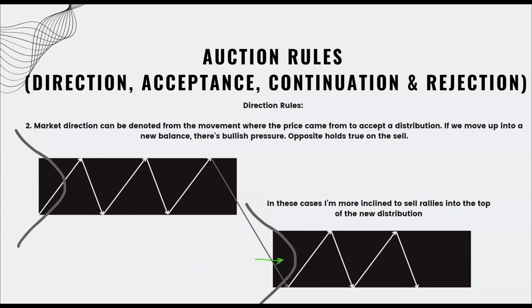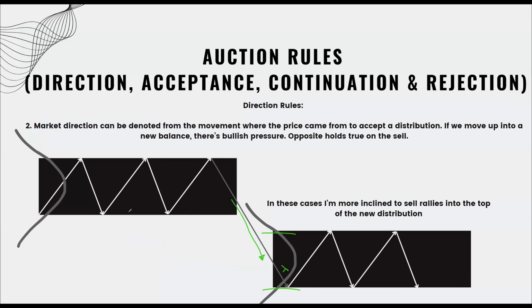Another factor you can use on an intraday basis, on the S&P, maybe around a 10 to 15 point move through the area, around 50 points on the NASDAQ. So we're talking about these futures. Now, if I see some downside momentum at the end of a given trading session, and the next day we're opening inside of a new balance to the downside, I'm going to look at this as a directional bias for the seller.